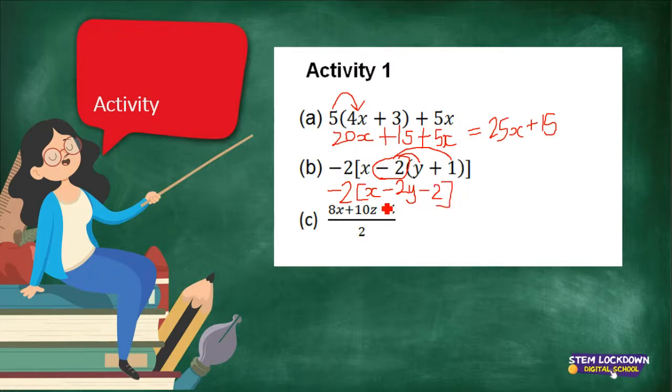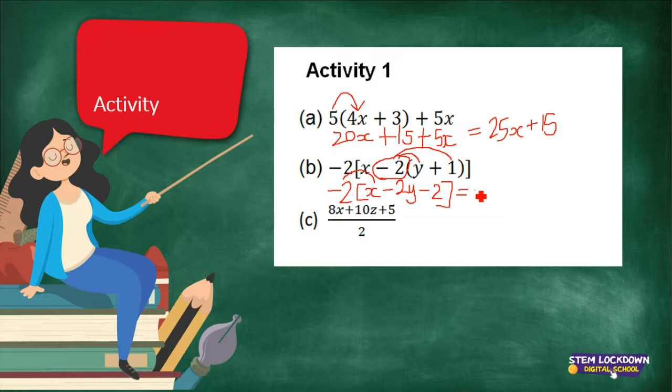Now let's look at the big bracket. For the big bracket, now -2 into x minus 2y minus 2, right? So in this case, you are having to multiply out -2 and x. -2 times x.